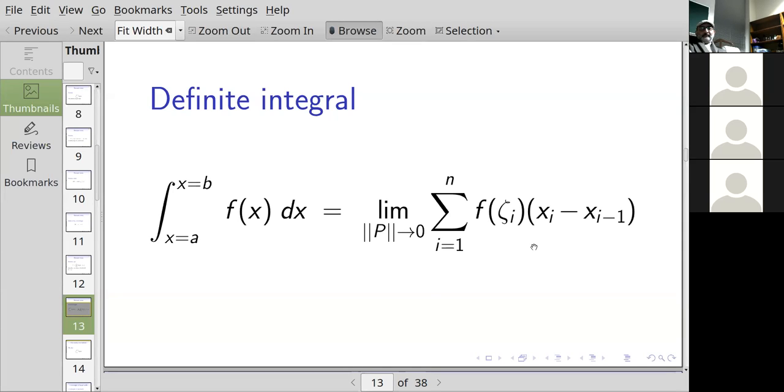Last time we were taking zeta i as either the left bottom corner of the rectangle or the right bottom corner. But in principle, you could take it anywhere, and it shouldn't matter.